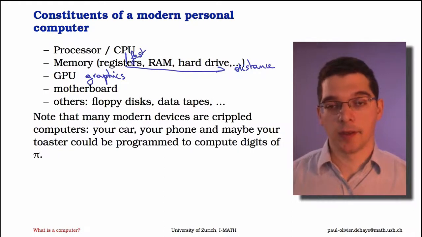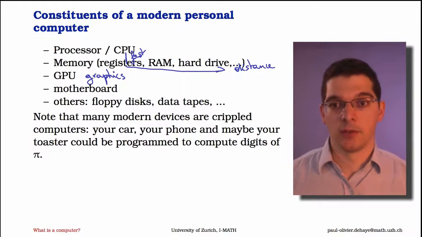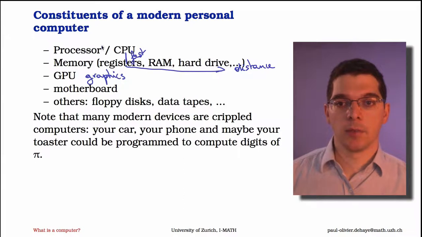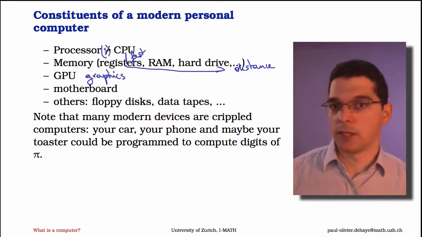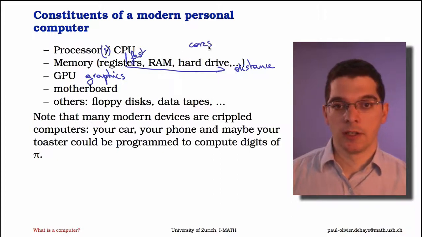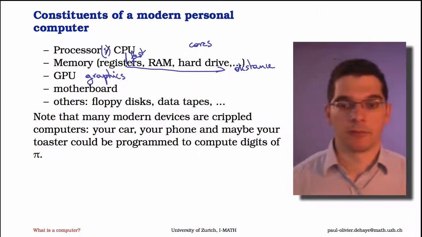So it helps unload some of the load of the CPU onto the GPU. I should have said already with the processor that there might be more than one, or more than one might be simulated. You've heard of multiple core machines. Those tend to have more than one CPU or simulate more than one CPU.